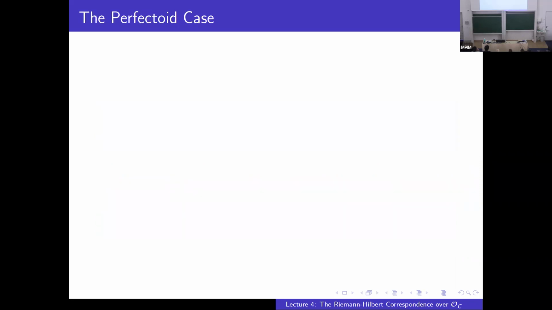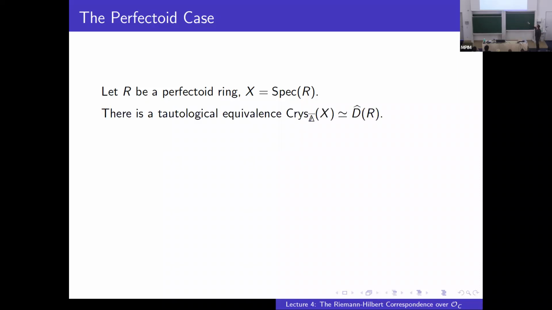Okay, so this is a general thing that you could try to do if you had some category C. So let's see what happens in our situation. So let's start simple. So let's say R is a perfectoid ring to start with, and X is the spectrum of R. Well, in that case, there's not really much to say. So a perfected Hodge-Tate crystal, remember what the definition is. In this case, I would be saying every time we have a map from R into some other perfectoid ring R prime, we're supposed to give an R prime module, and it's compatible with base change.